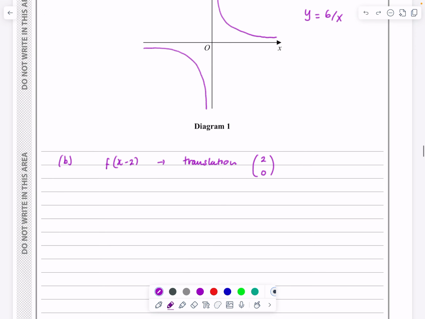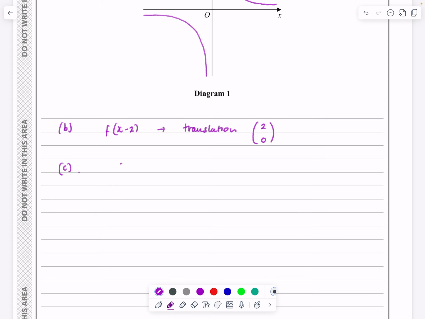In terms of actually solving part C, all we need to do is solve the equation where 6 over x minus 2 is equal to kx plus 7. But as we said, they've told us that this works when x equals minus 4.